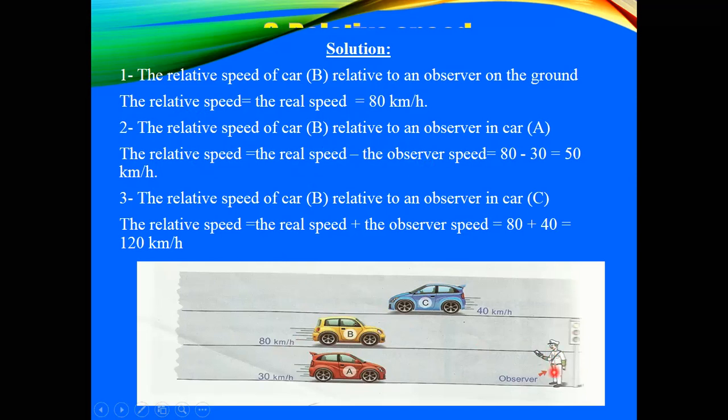It means its speed equals zero. So here the relative speed will be equal to the real speed. يعني هنا لو هو واقف هيشوف the speed of car B 80 kilometers per hour. Then it is the real speed.